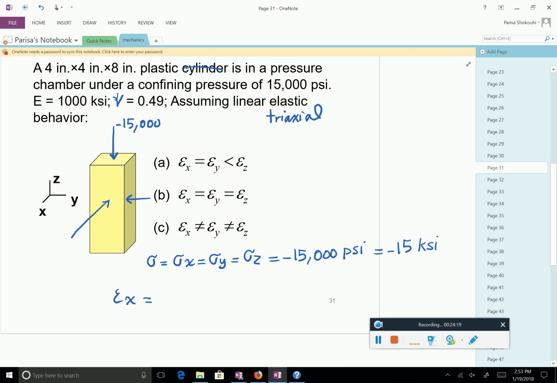There was a good question. Here, pay attention. The stress is given to you. PSI is already a stress, so you don't need to care about dimensions or dividing everything by anything.